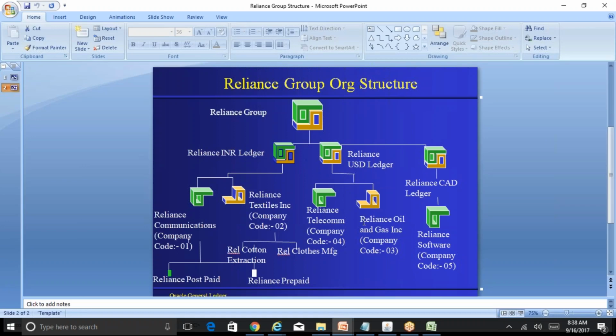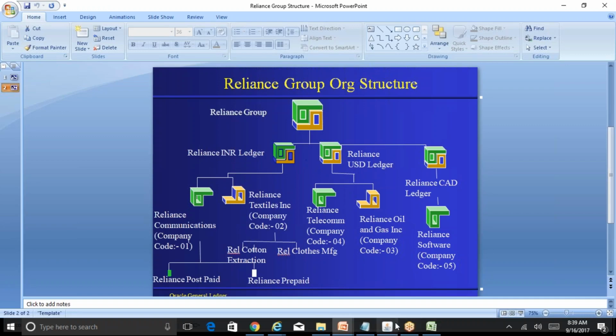In our last discussion, we just used 03 and 04 under the INR ledger to pass some business related adjustment entries. But ideally, 90% of the transactions of 03 and 04 should be under the USD ledger only. Okay, got it.